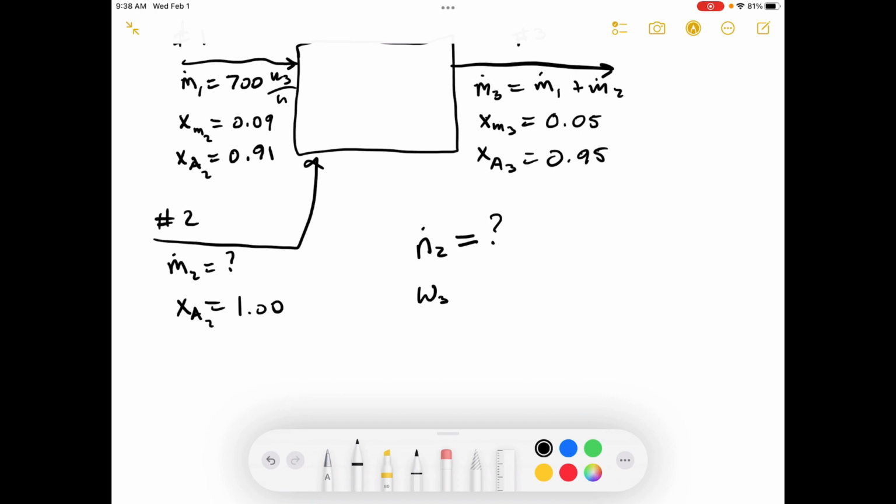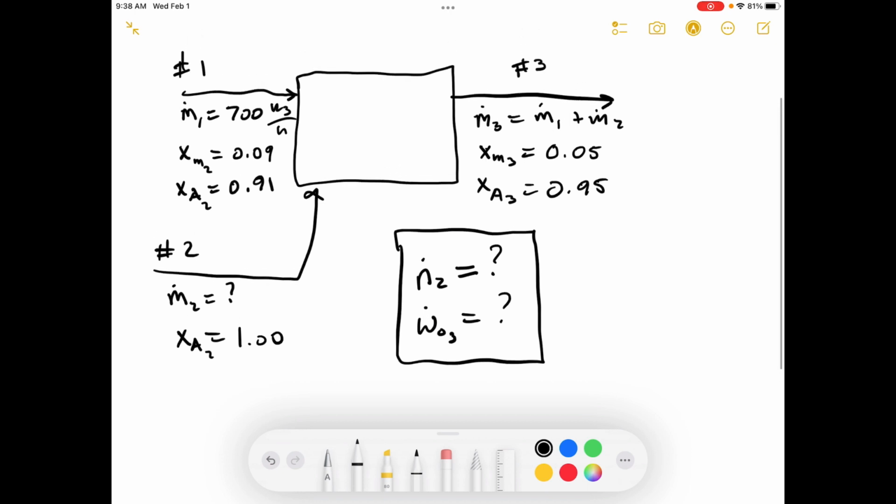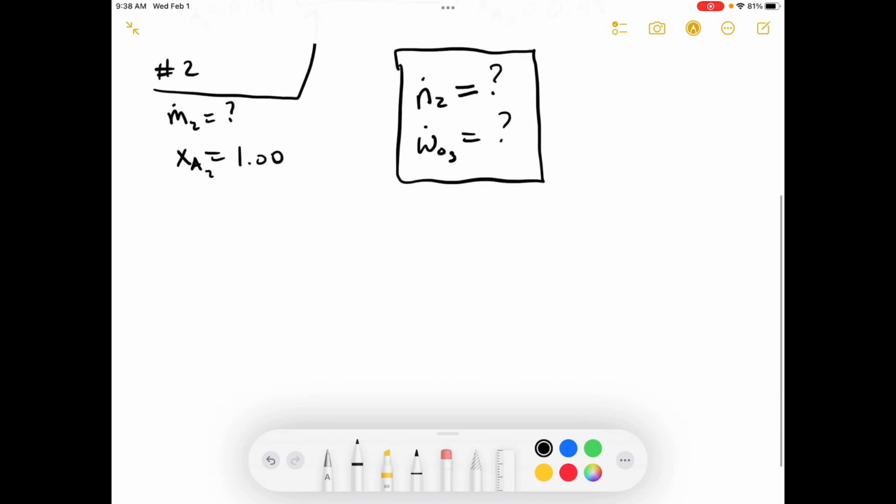So the weight fraction of oxygen in the product stream. Those are the two things we need to find out. Okay, and then they gave us the composition of air, and they also gave us the molar mass of air, 29.